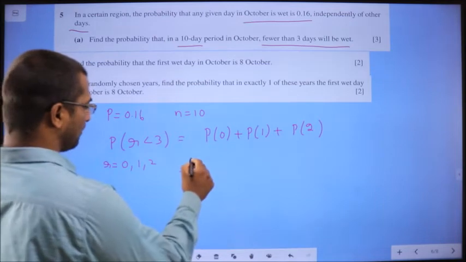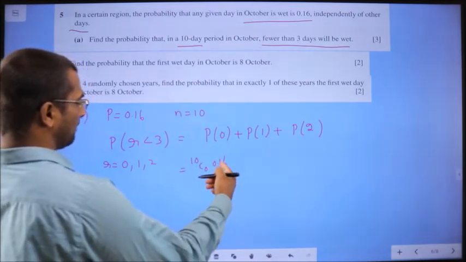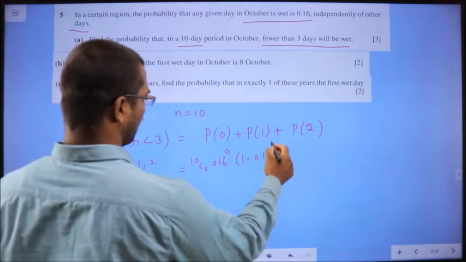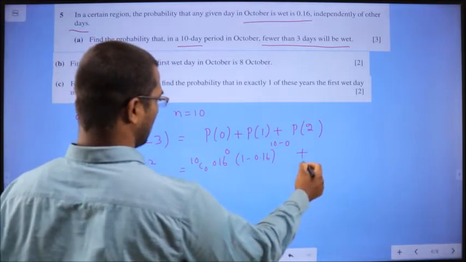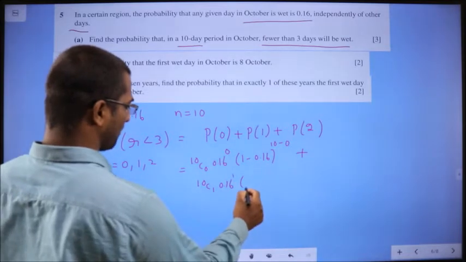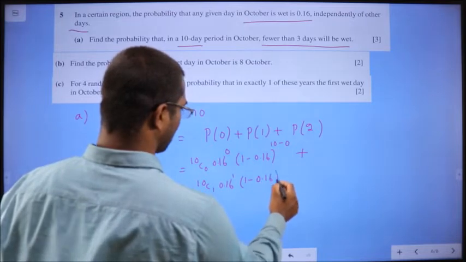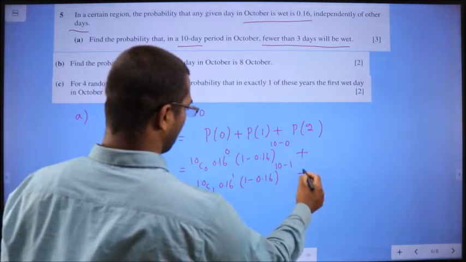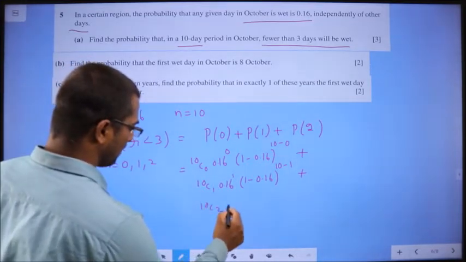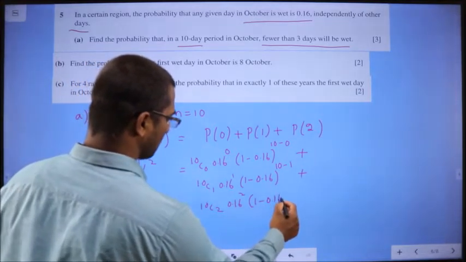So P of 0 will be 10C0 p^r into (1 minus p)^(10 minus 0), plus nC1 0.16^1 into (1 minus p)^(n minus r), plus 10C2 0.16^2 into (1 minus 0.16)^(10 minus 2).